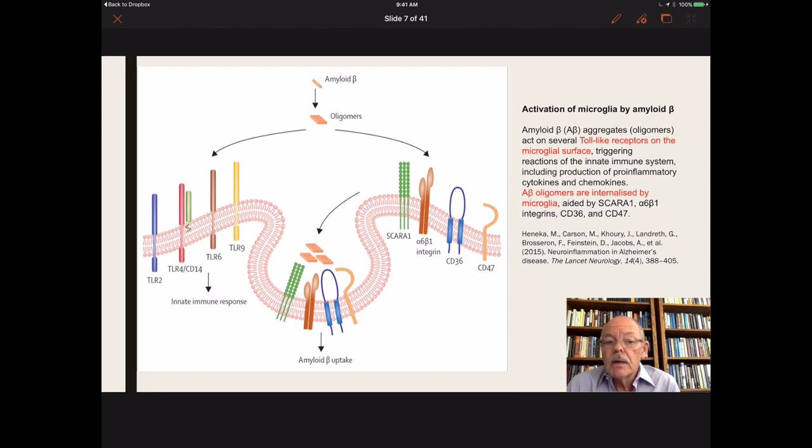The Aβ molecule can be internalized into the microglia and then cause a chain reaction of cytokine release and an inflammatory response that is commonly seen surrounding amyloid deposits, which are thought to be one of the driving forces of neuronal pathology and neuronal death.